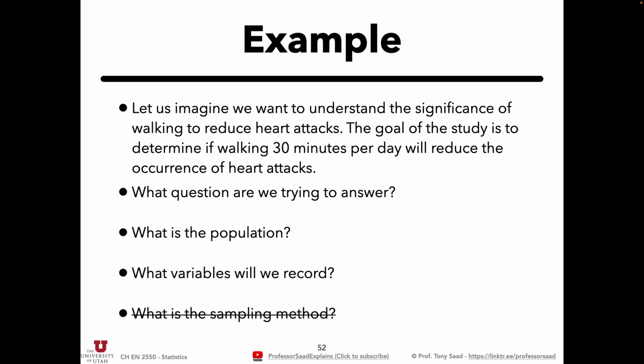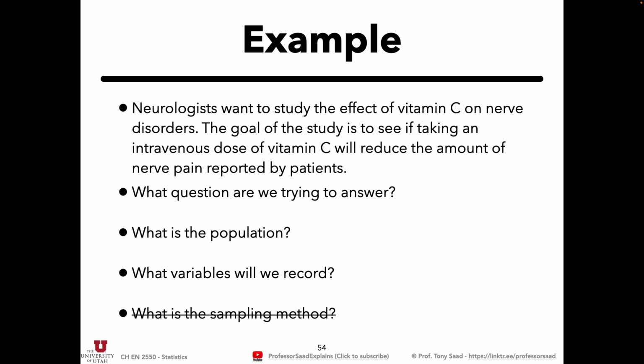How many minutes or number of steps, right? And whether the person had a heart attack or not, right? So we're going to track the people that we attach smartwatches or something to, and then track them and see if they end up having a heart attack or not in 3 years or 2 years. Okay. All right. Next one.